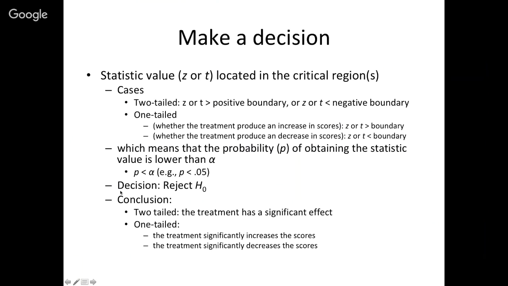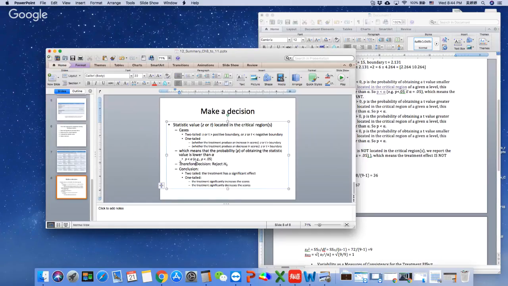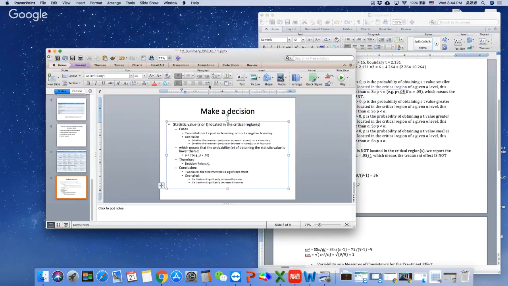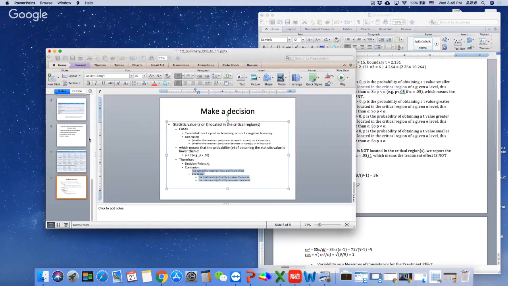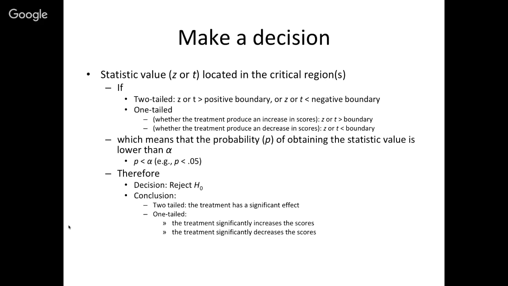Therefore, our decision is to reject H0. And we can make this conclusion. So that's how to make a decision.